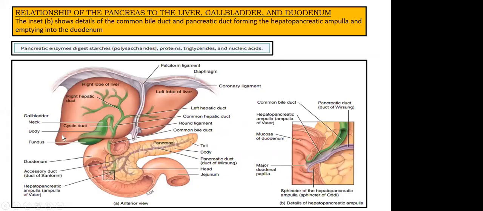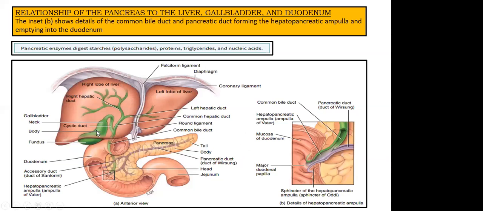And you can see the pancreas, the relationship between the pancreatic enzymes digest starches, that is polysaccharides, proteins, triglycerides, and nucleic acids. And what is the relationship here? You can see here. Common bile duct and pancreatic duct form the hepatopancreatic ampulla, emptying into the duodenum.